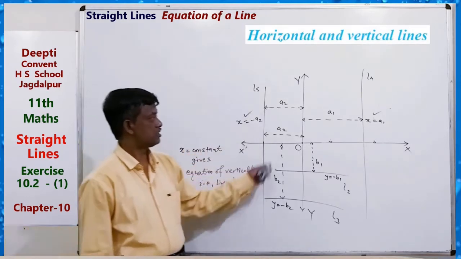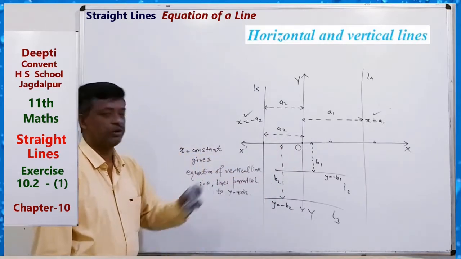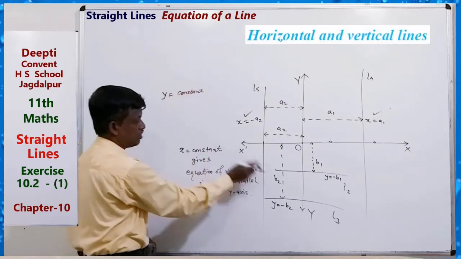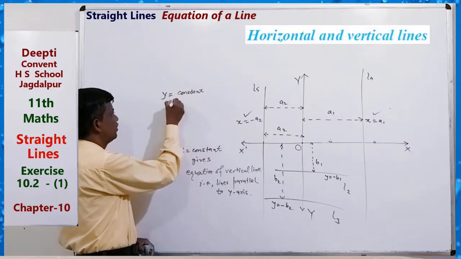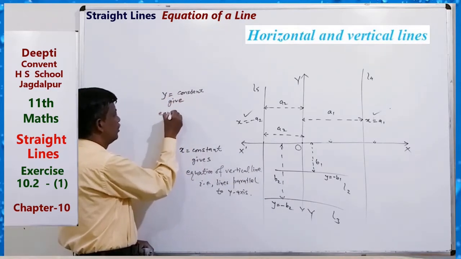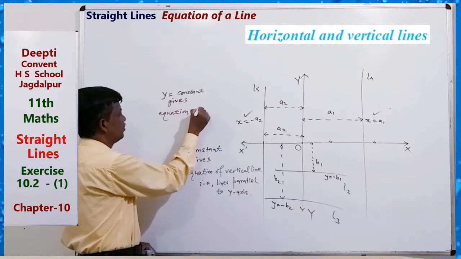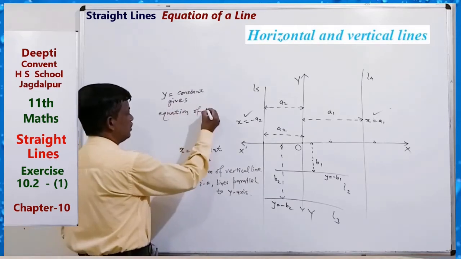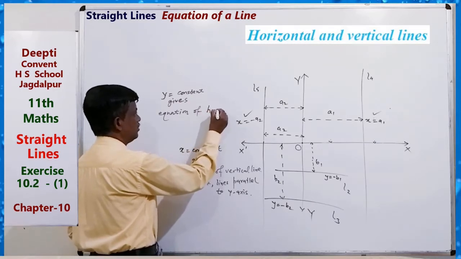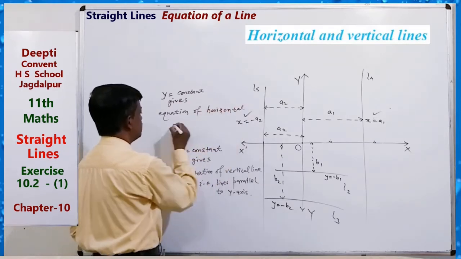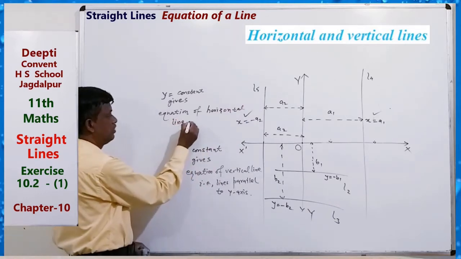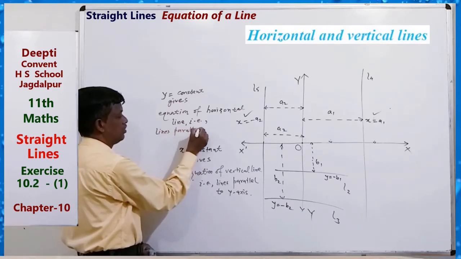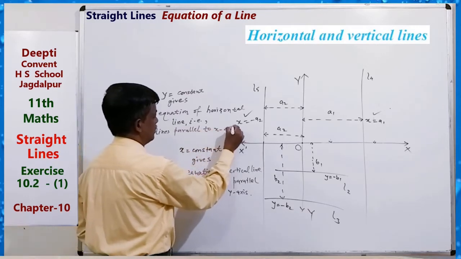X equals constant is a line parallel to the y-axis, and y equals constant gives the equation of a horizontal line, that is, lines parallel to the x-axis.